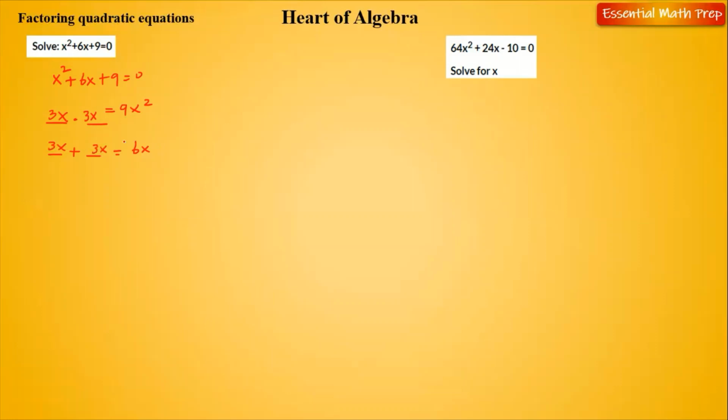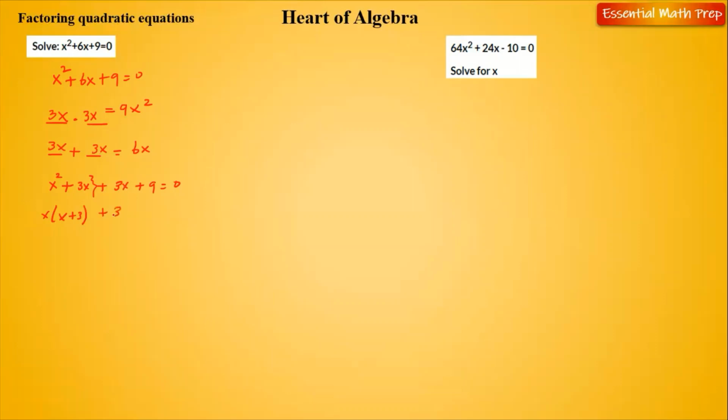So we substitute the 6x with 3x plus 3x, and that'll be x squared plus 3x plus 3x plus 9 equals 0. If we split this equation into two halves, and in the first half we take x as a common factor, then we get x times x plus 3.